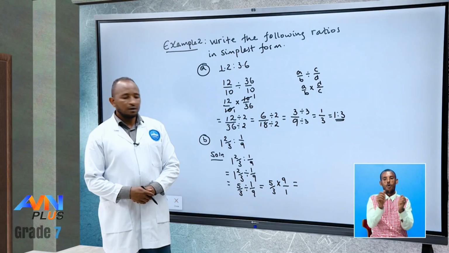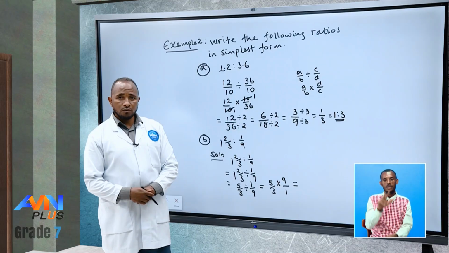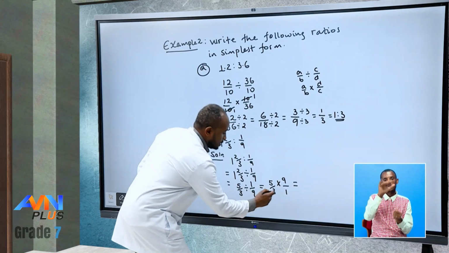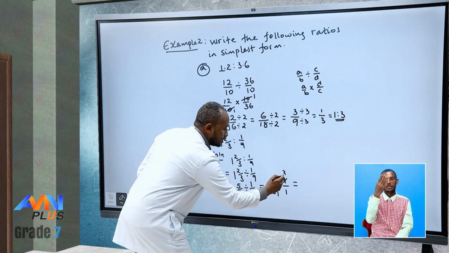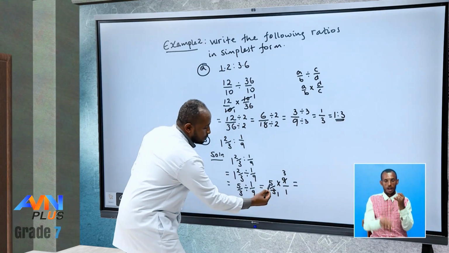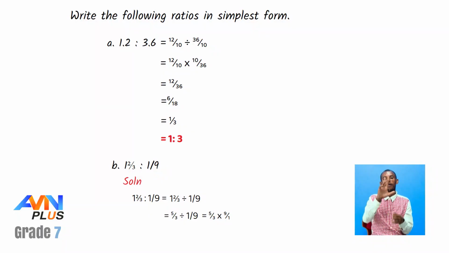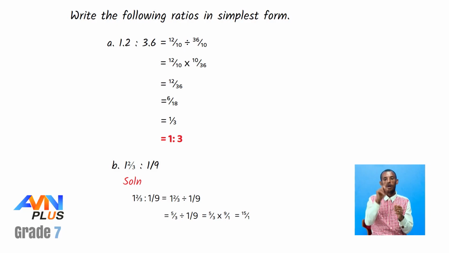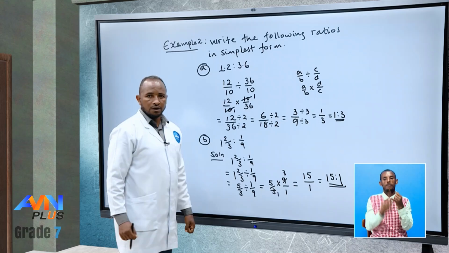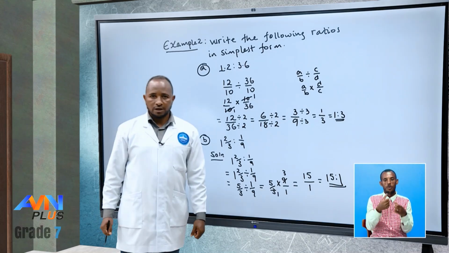Their common factor is 3. So let's divide both by 3. By 3, this becomes 1. When you divide 9 by 3, it becomes 3. So finally, you multiply 5 with 3, it becomes 15 over 1 times 1 is 1. Therefore, this ratio can be written in this form. 15:1 will be the final answer. That's it. Now, we'll continue to the next example.